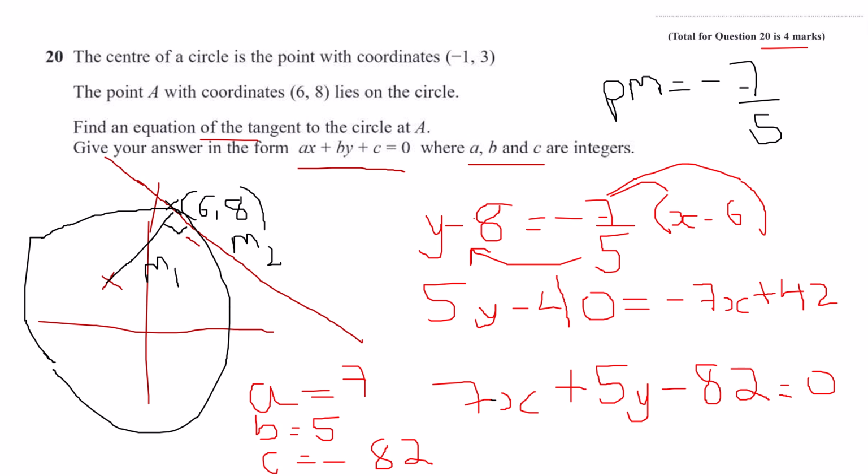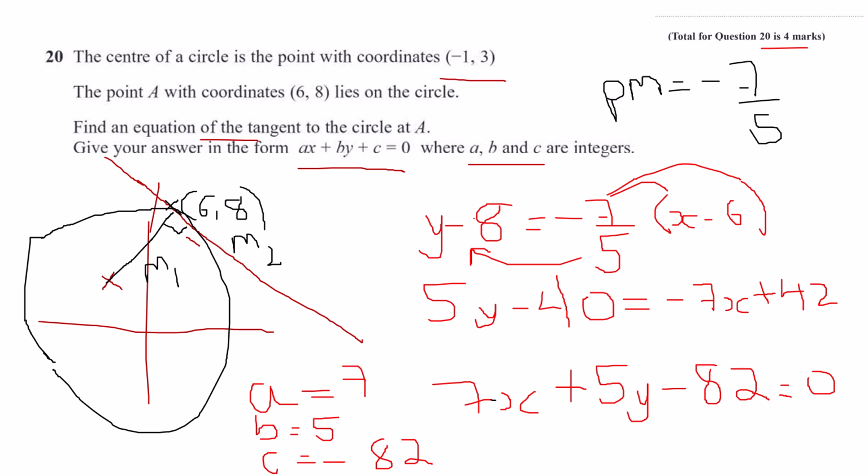The last part here was just rearranging. Don't worry too much about the formula y minus y1 equals m brackets x minus x1. It's just a rearrangement of the gradient formula, m equals y2 minus y1 over x2 minus x1. We do y minus y1 equals m brackets x minus x1 more in A-level maths and AS pure maths.